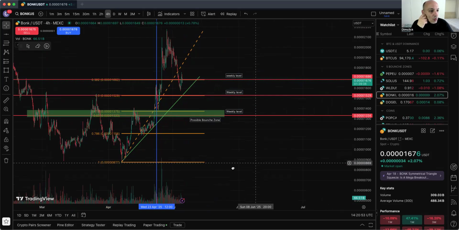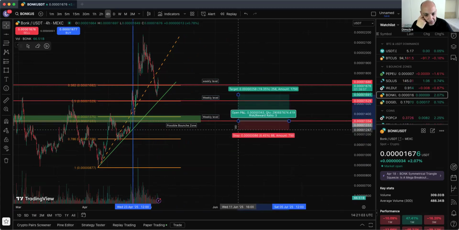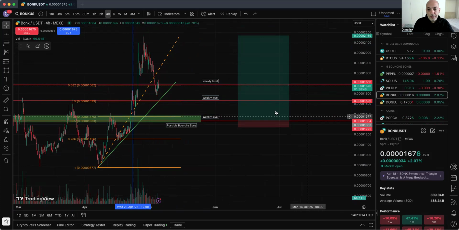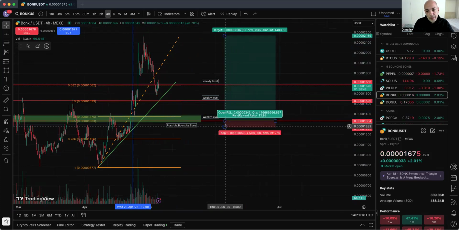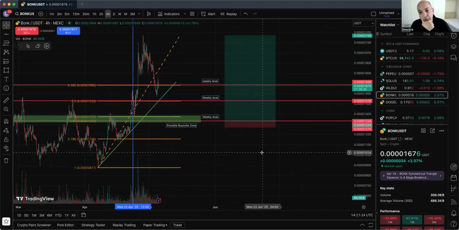So how you would set up this trade? It would be like this. Okay. Also, because you have a big stop loss, enter slowly with low leverage.